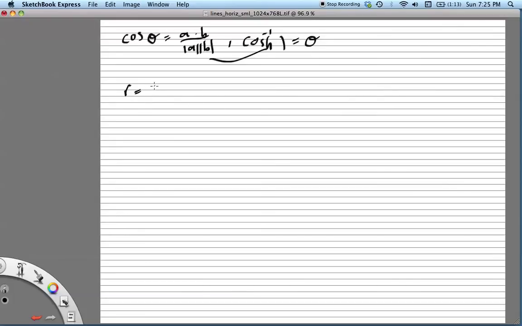R is equal to 1 over n minus 1 times the sum of xi minus x bar over the sample standard deviation of x, times yi minus y bar over the sample standard deviation of y.